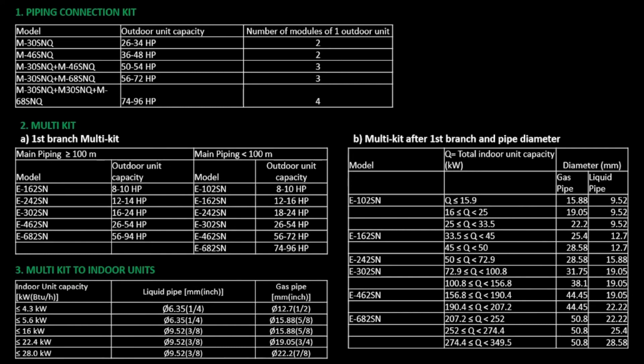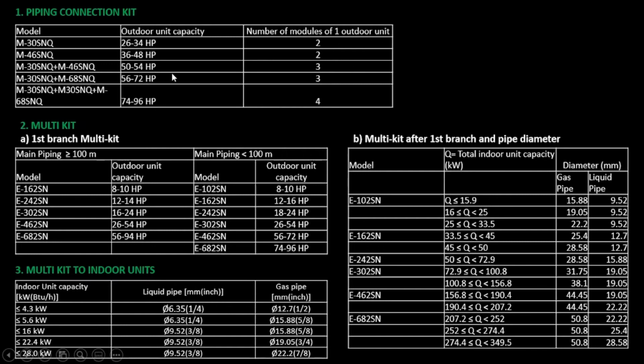If the outdoor units capacity is between 36 and 48 HP, then you have to combine 2 modules again, but this time the right piping connection kit to use is M46 SNQ. If it is between 50 and 54 HP, then you have to combine 3 modules, and this time you have to use 2 piping connection kits: M30 SNQ and M46 SNQ.